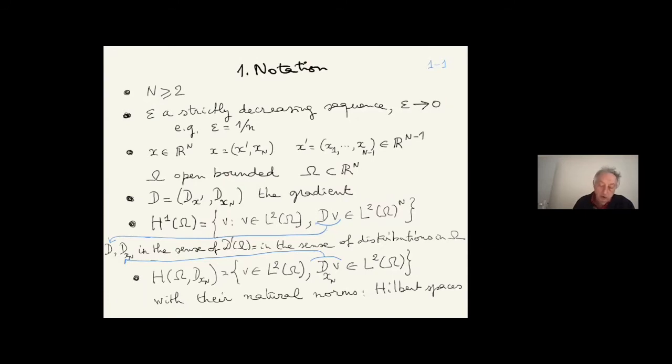Okay, I will use another space, which is similar to H1, less known, but very common nevertheless, a space H of Omega, dxn, the vertical derivative, which is the space of the functions in L2 of Omega, such that the vertical derivative of V in the sense of distribution belongs to L2.